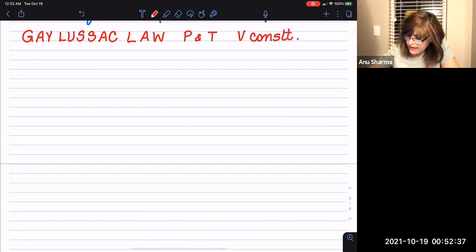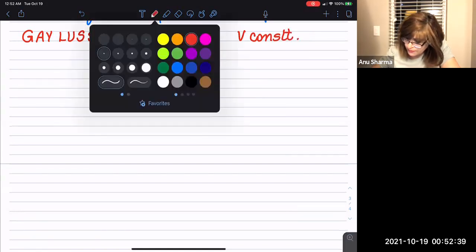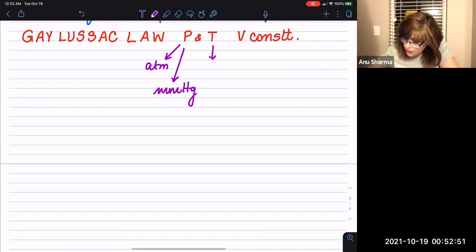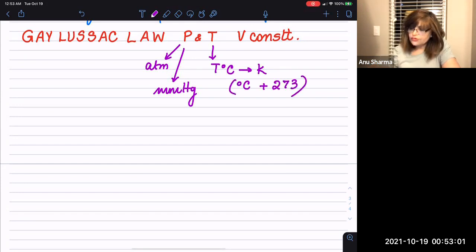Pressure is generally in atm or millimeters of mercury, and the temperature, T degrees Celsius, is always converted to Kelvin. That means whatever the value in degrees Celsius is, you have to add 273 to it in order to do the conversion. Okay, now how is this done?